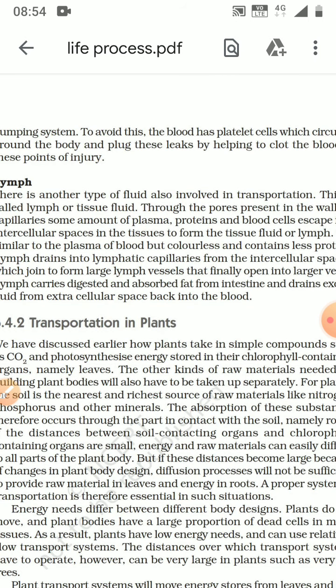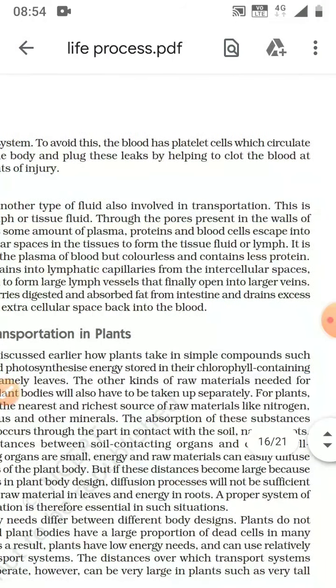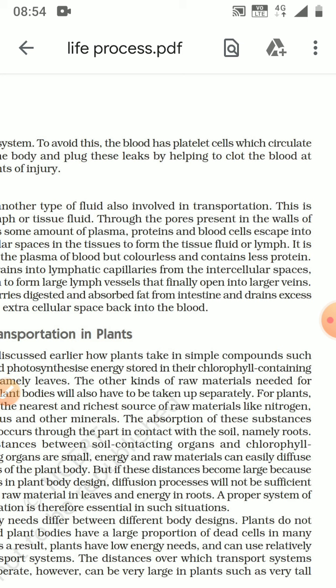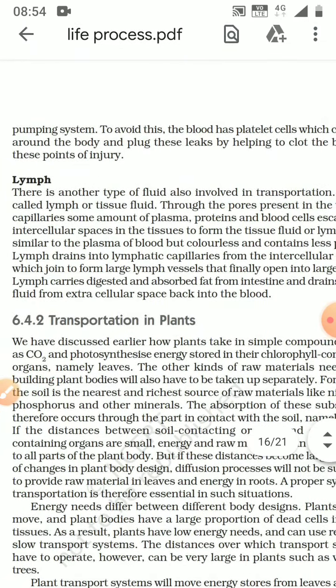So this is also known as tissue fluid. Sometimes when any part of the body is hurt, it can swell up, which means there is an increase in the concentration of liquid or water inside it, and after some time it comes back to the same situation, that is, water is exchanged or transferred.